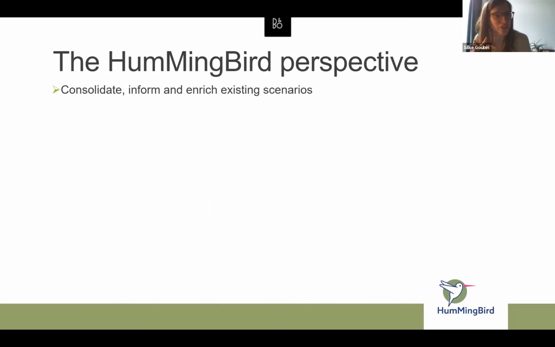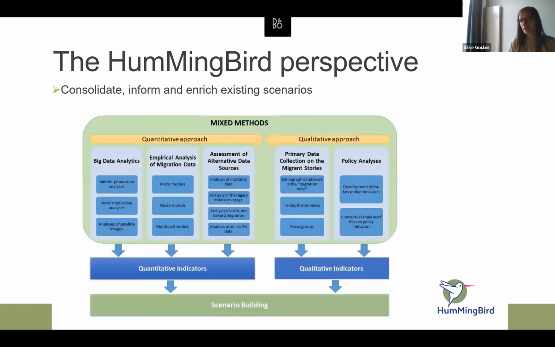So what HumMingBird will do, we will not make new scenarios, but rather we're consolidating the existing ones that are out there in the literature today, including from our project partners, a lot of them. And we want to consolidate them and inform and enrich them on the basis of our data innovations.